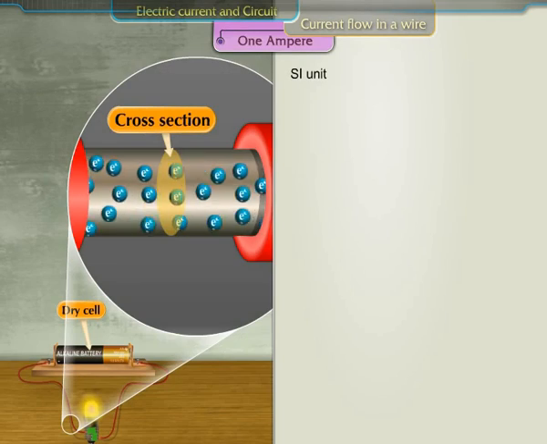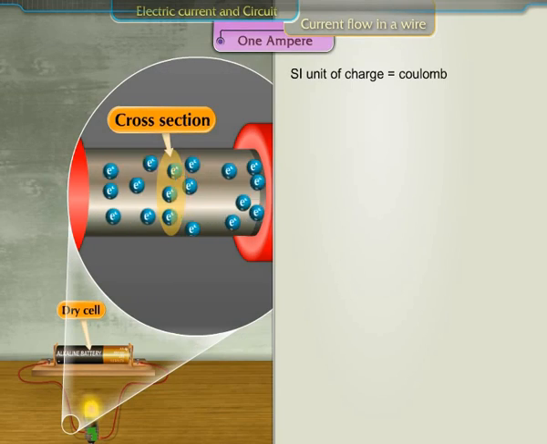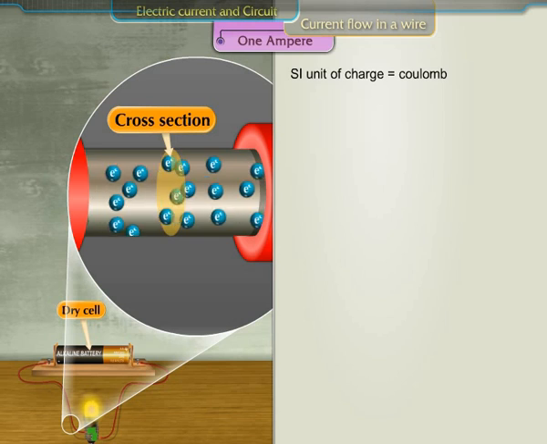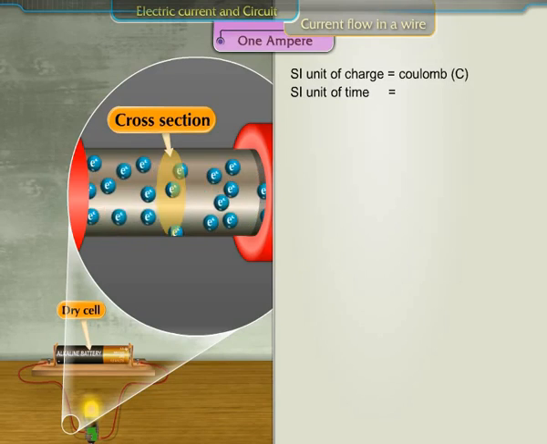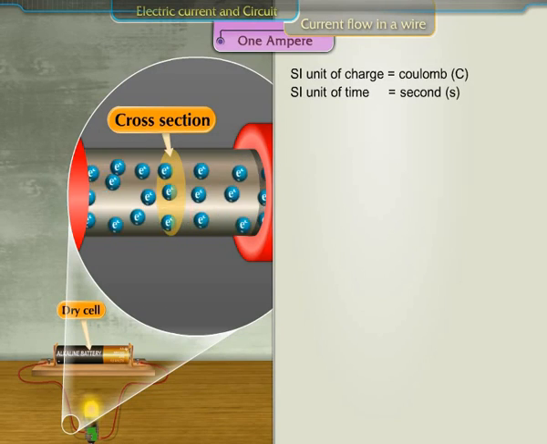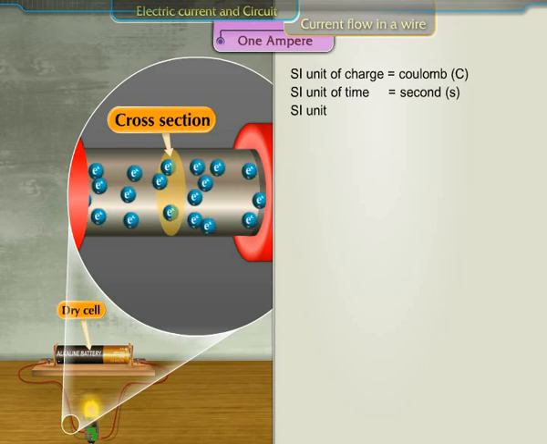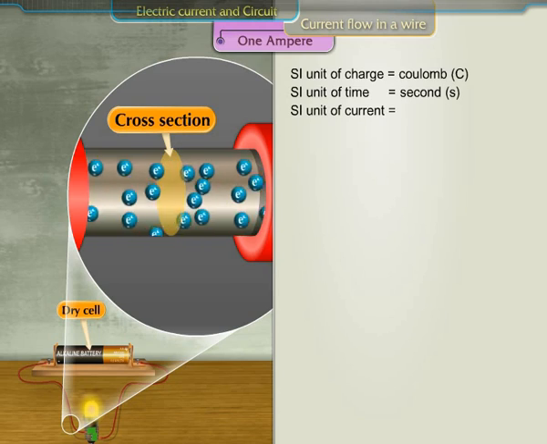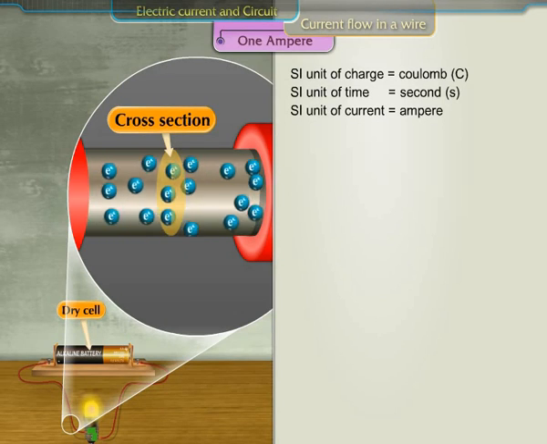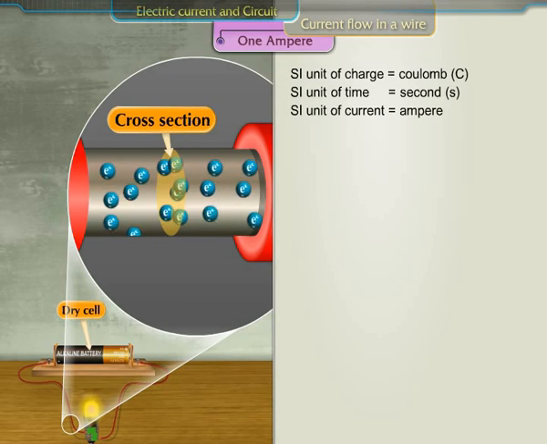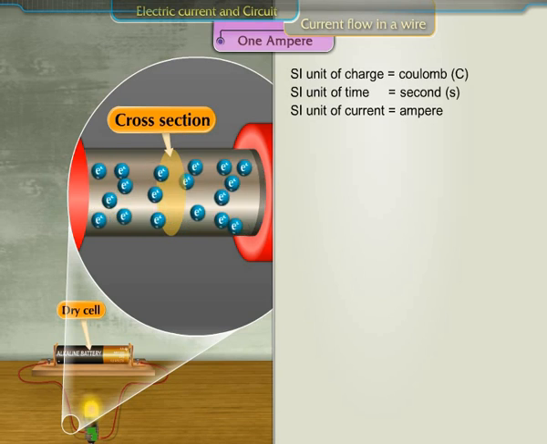The SI unit of charge is coulomb and is denoted by C. Time is measured in seconds. In SI units, current is expressed in ampere in honor of the scientist Andre Ampere and is denoted by the symbol A.